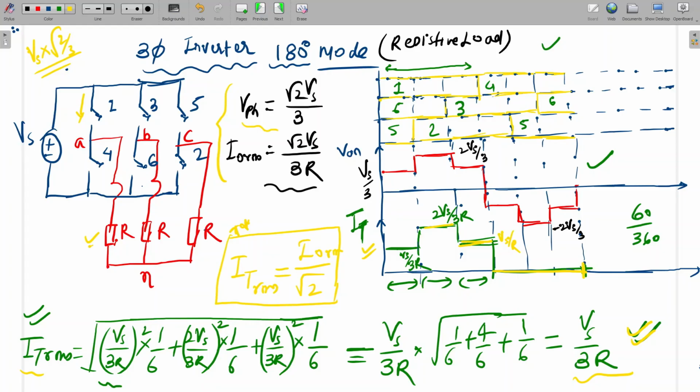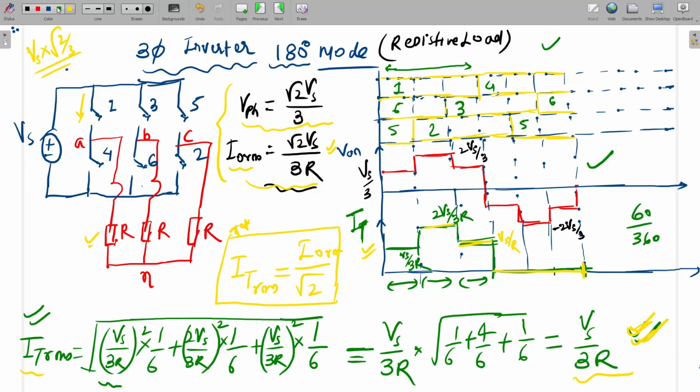So V phase is root 2 Vs upon 3. What will be the output RMS current? That will be root 2 Vs upon 3R. Is it clear? And if I divide this output current by root 2, I will get this value Vs upon 3R. Is it clear? Yes, sir.